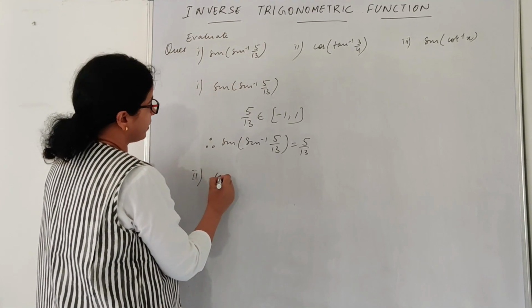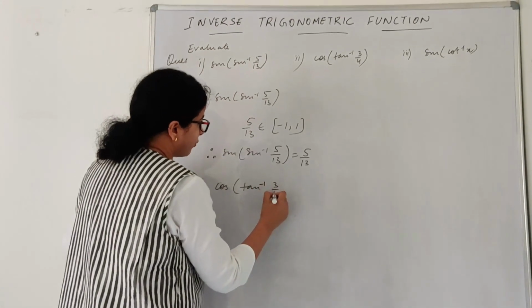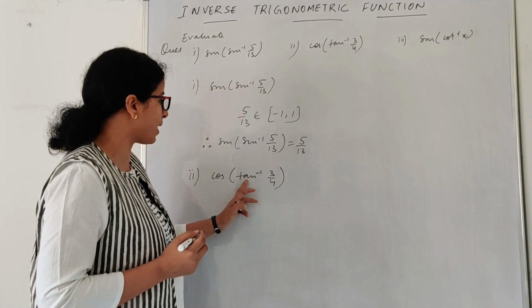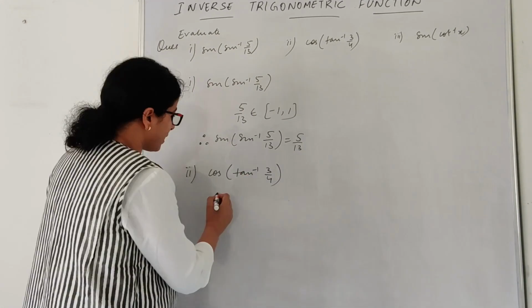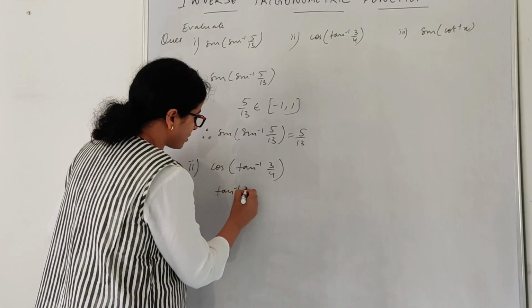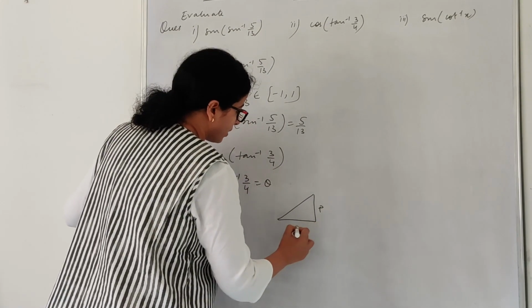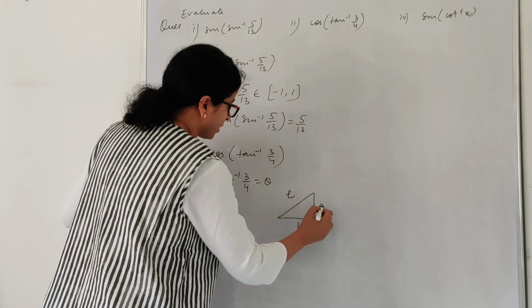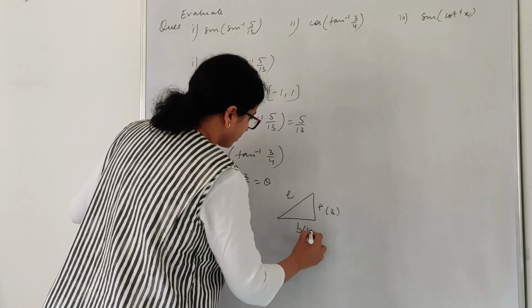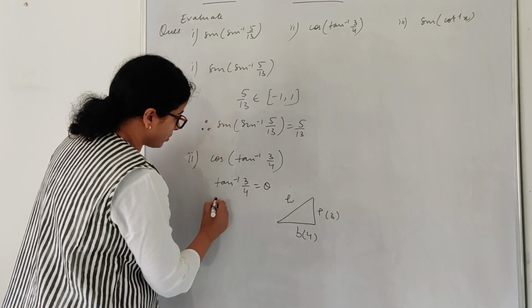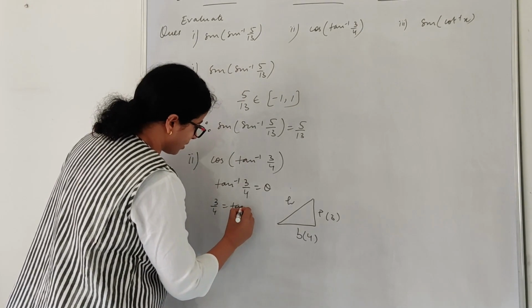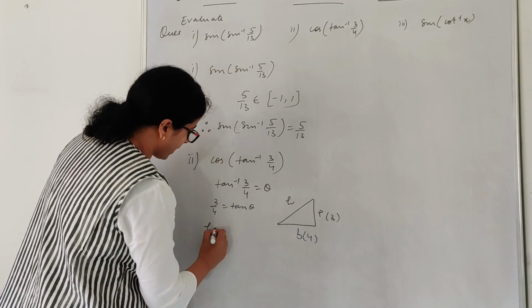I have been provided with cos of tan inverse 3 by 4. First of all, I will change this tan inverse into cos inverse. So let us write tan inverse 3 by 4 equals theta. So this is my perpendicular, base, hypotenuse. What is my perpendicular? 3, and the base is 4. So I will calculate my hypotenuse. So 3 by 4 equals tan theta, right? So what will be my h?